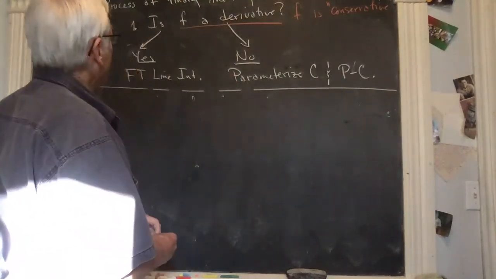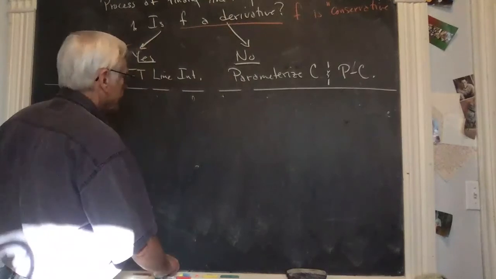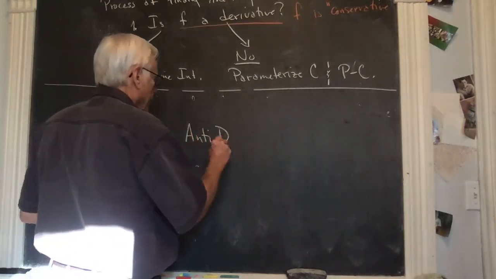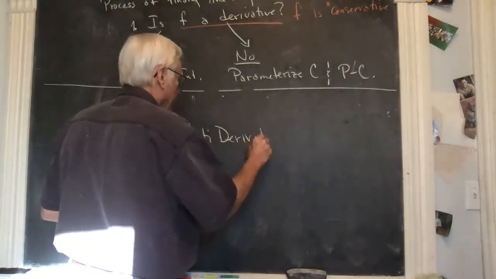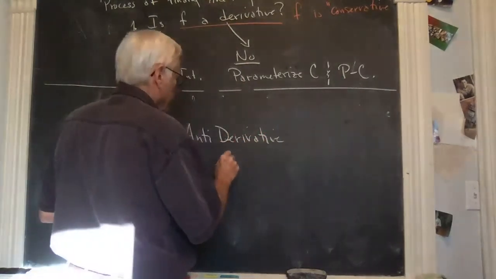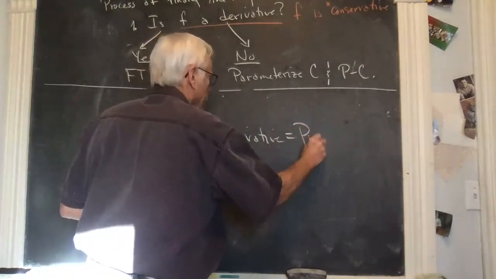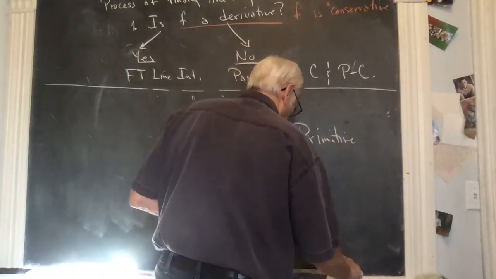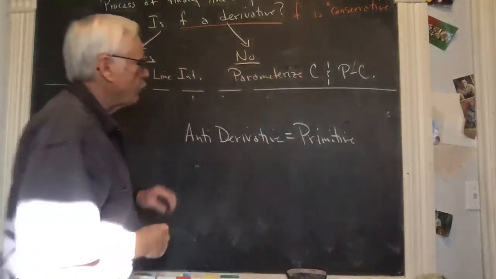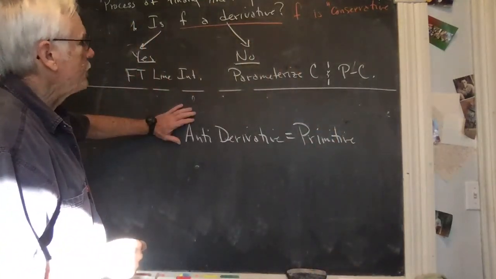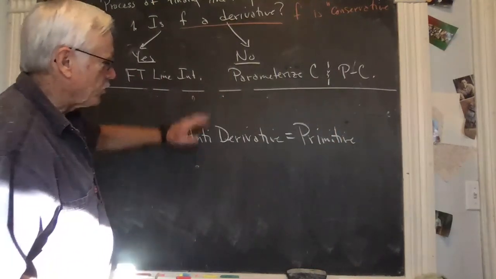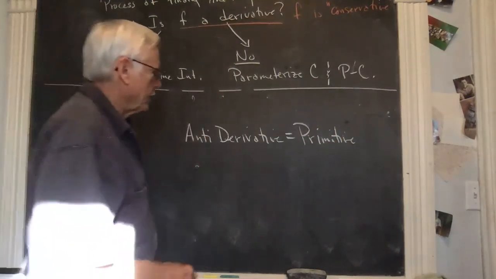And that antiderivative, which in math we call a primitive, for it. So anyway, these antiderivatives also have names.